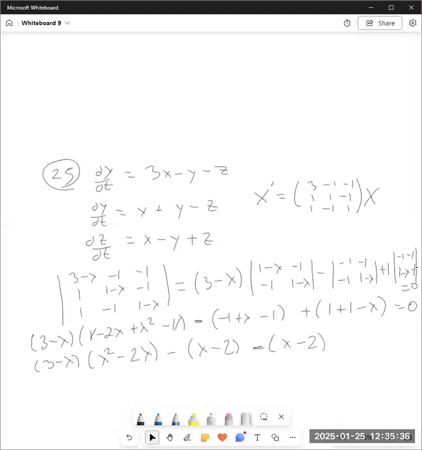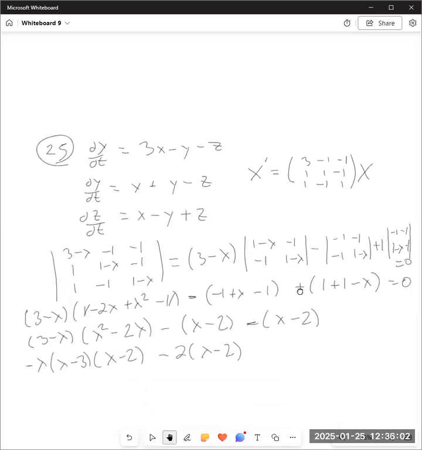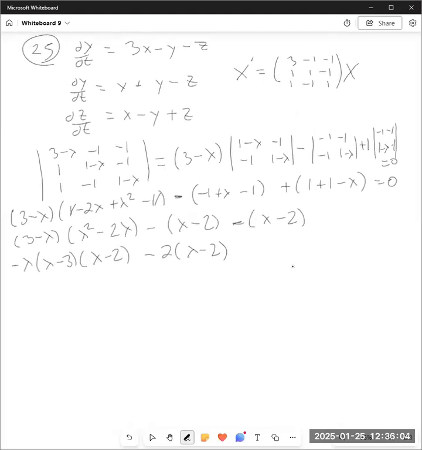So I'm going to pull out the lambda here, and I'm going to pull out the negative 1 there. So it's negative lambda times lambda minus 3 times lambda minus 2. There's minus 2 lambda minus 2 here. So I move this up. This is going to be lambda minus 2 as a common factor.